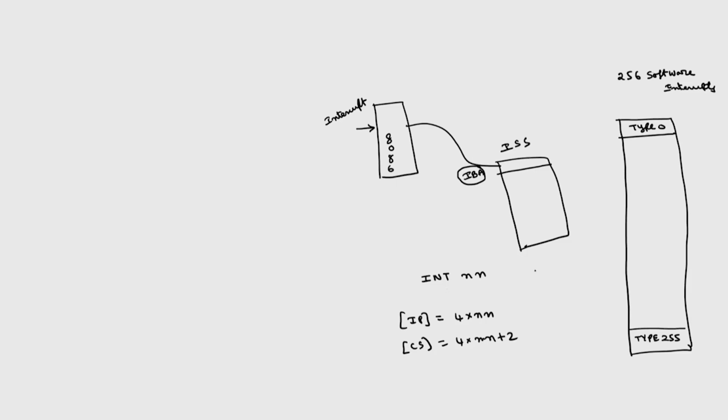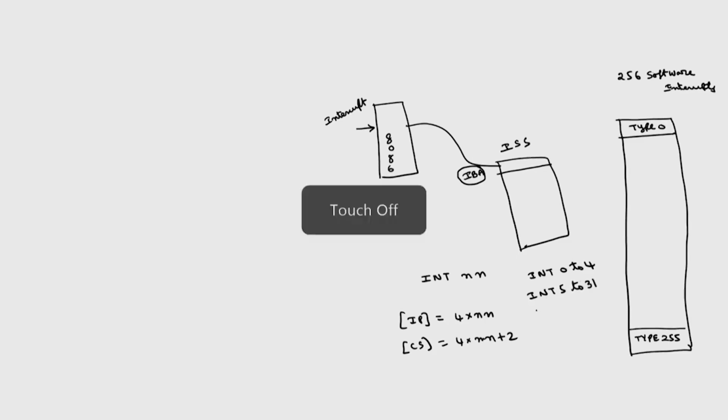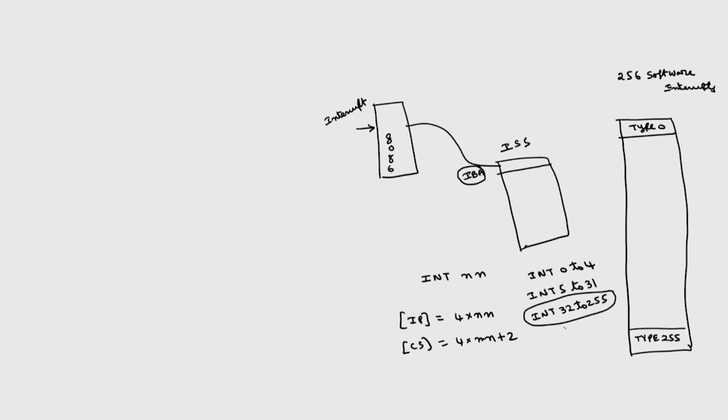In this, INT 0 to 4 have some special purpose, and INT 5 to 31 are reserved. Only INT 32 to 255 are allocated to the user for external use.